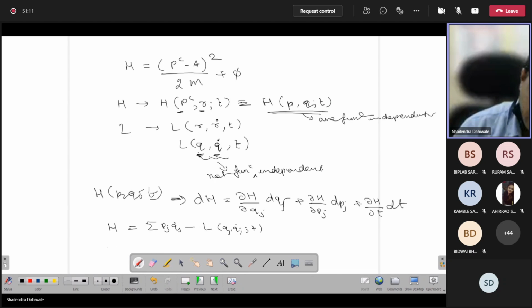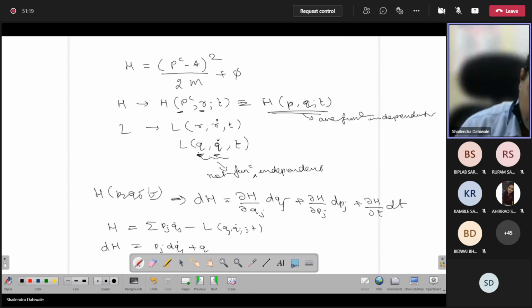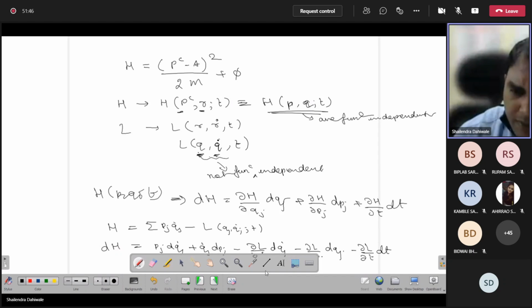If I take the total derivative of this, dH is Pj dQj dot plus Qj dot dPj minus del L by del Qj dot dQj dot minus del L by del Qj dQj minus del L by del T dt.